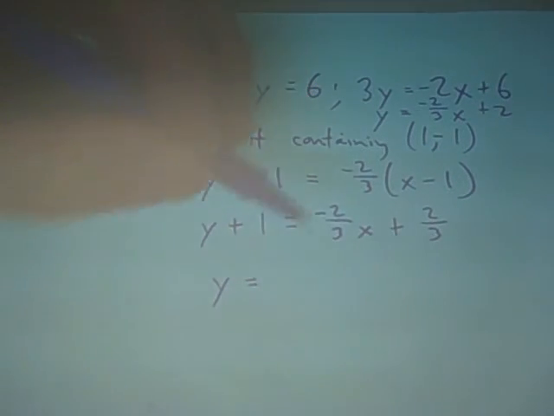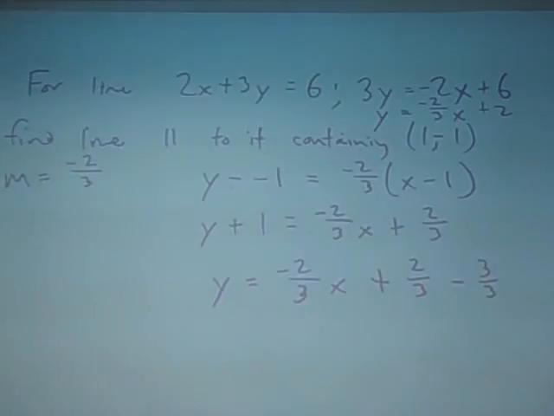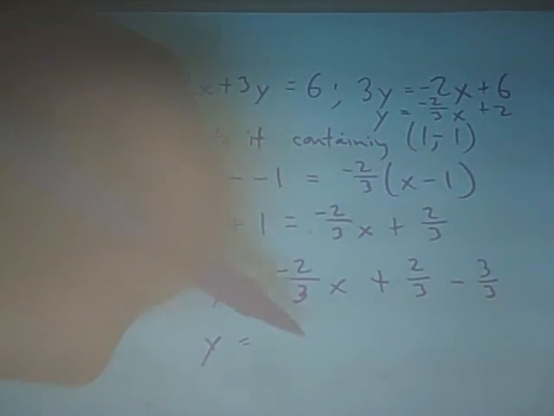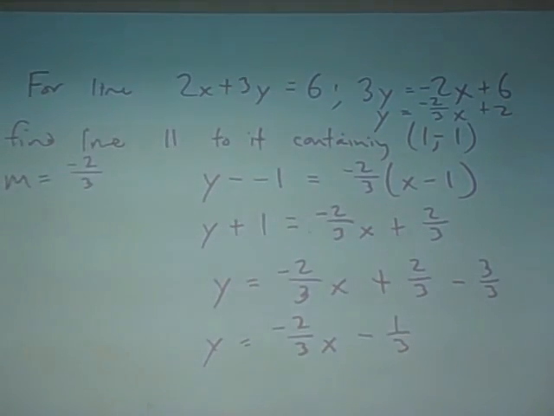And we'll subtract the 1 over. So you get y is equal to -2/3 x plus 2/3 minus 3/3, because 3/3 is the same as 1. And 2/3 minus 3/3 is minus 1/3.